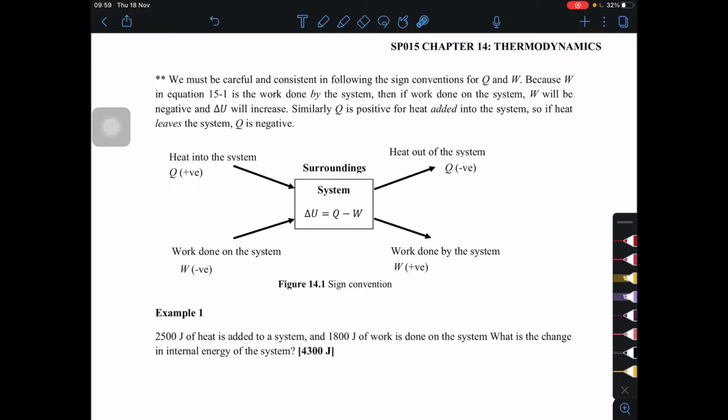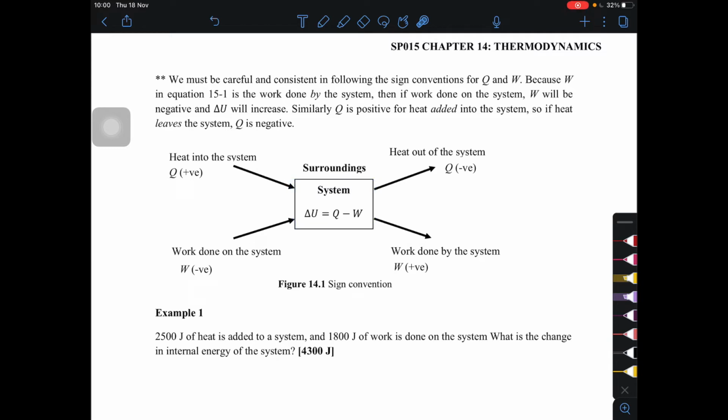So here are the keywords that you can use to identify whether the sign is positive or negative. Imagine we have a closed system. Closed system means that the mass remains constant, but the energy can increase or decrease. Energy increase and decrease usually happen whenever there is a change in pressure, volume, and also temperature.